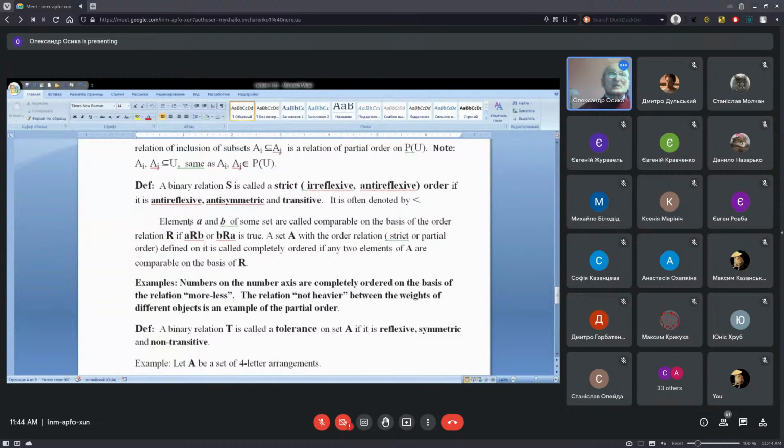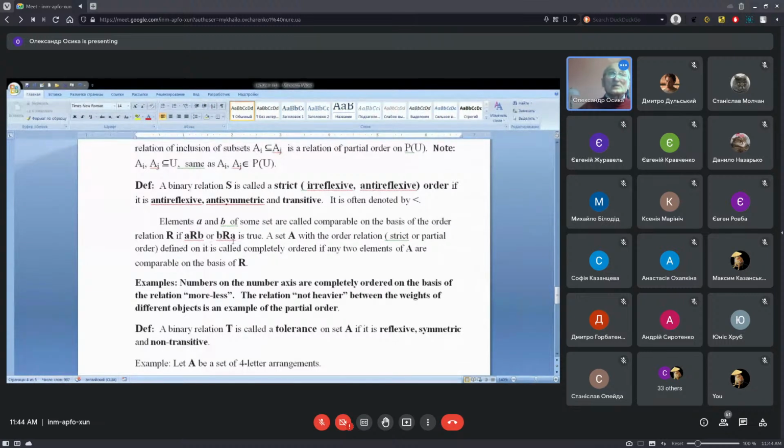That's why elements A and B of some set are called comparable on the basis of the order relation R if either A is in relation R to B, or B is in relation R to A. If one of these statements is true. Only one.